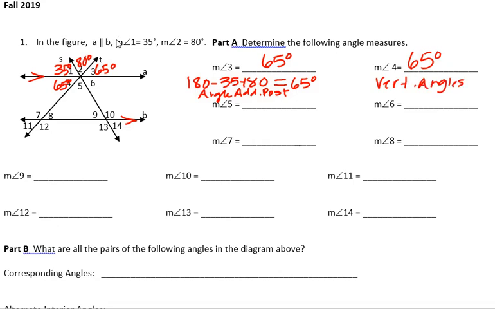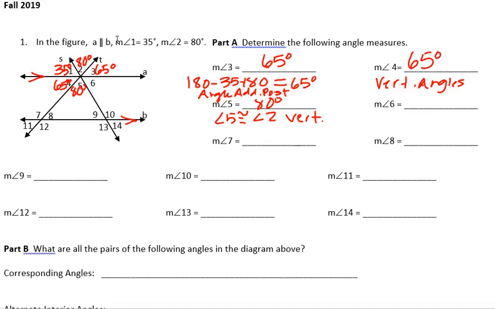All right, so with number 5, it's again another vertical angle to 2, so we're going to say that it's 80 degrees. So angle 5 is congruent to angle 2. Again, vertical angles.